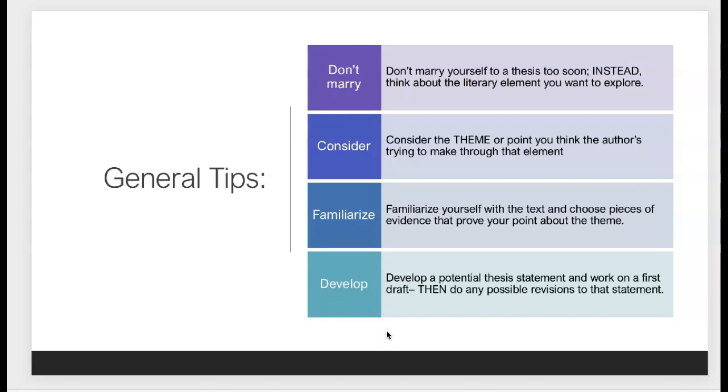I would be more than happy to help you guys figure out a thesis statement. I am the thesis whisperer, if you will. Please ask me for help or guidance, and as long as you come up with these kinds of things, I can help guide you to developing that potential thesis statement.